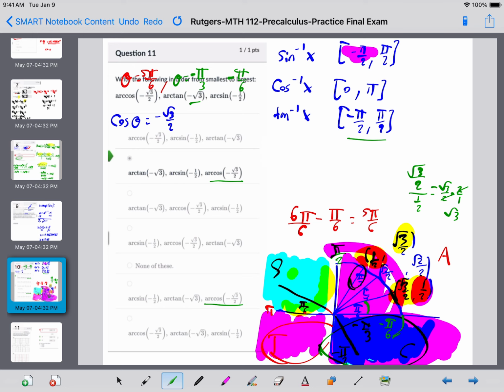So if it's negative, that's going to be even smaller. So arctangent will be the smallest. And then following that would be arcsine. So your answer would be this. Okay. All right.